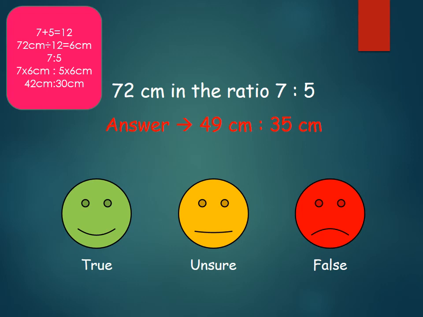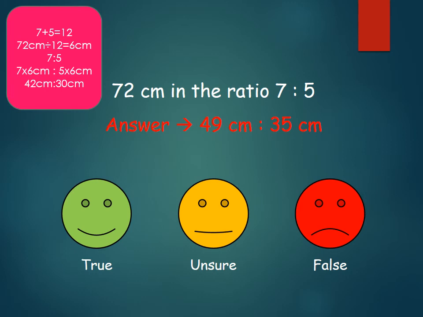Then we divide 72 centimeters by 12 equals 6. And we know the ratio is 7 to 5. So we will multiply 7 by 6 equals 42 centimeters, and 5 by 6 equals 30 centimeters.